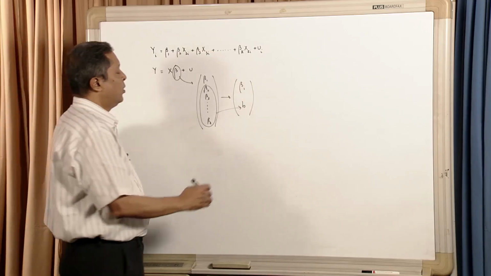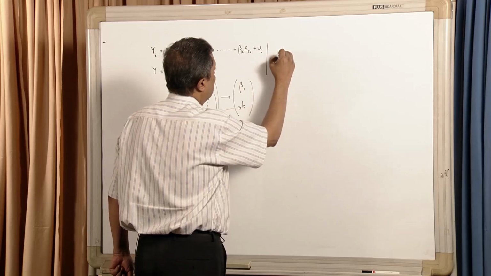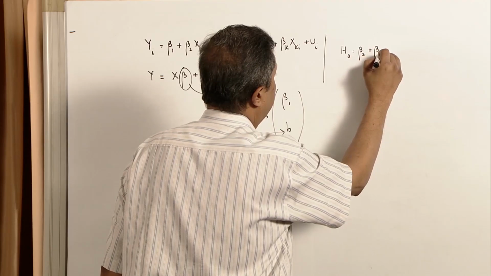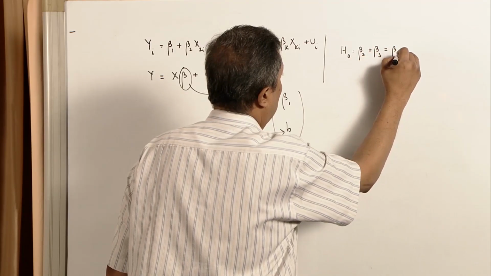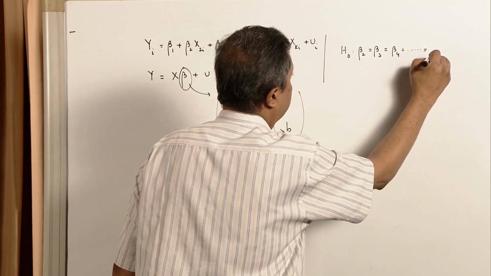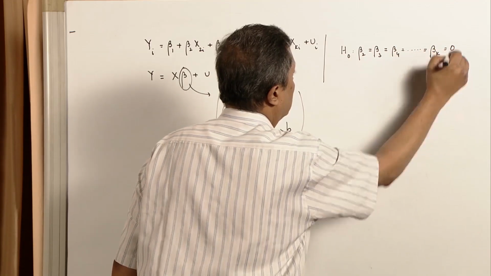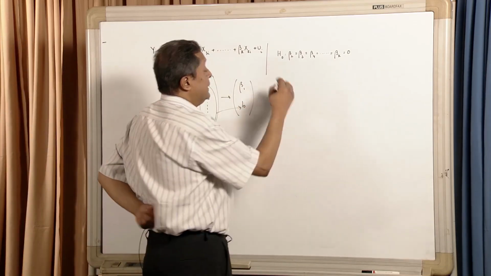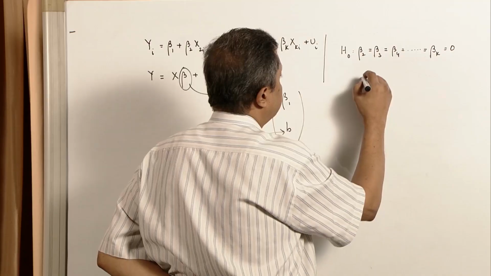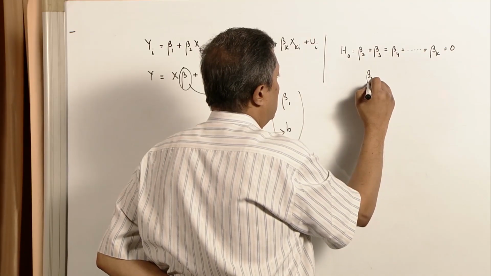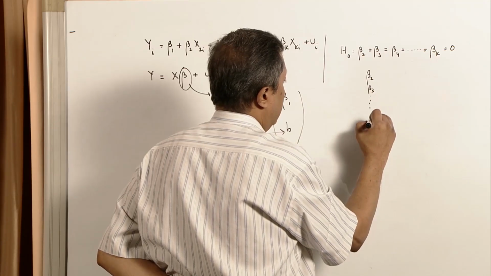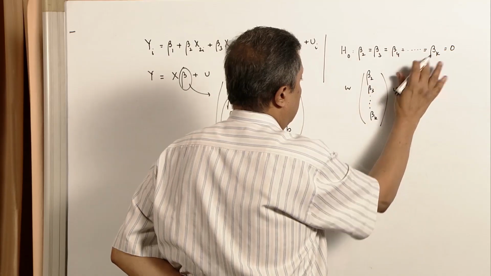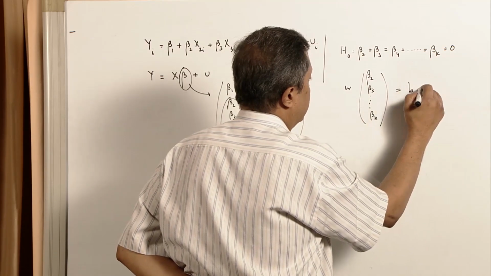Supposing we want to test H naught: beta 2 is equal to beta 3 is equal to beta 4 and so on and so forth right up to beta k, which is equal to 0. Let us say that is our null hypothesis. This we write as the vector beta 2, beta 3 up to beta k, that is, small b is equal to 0.